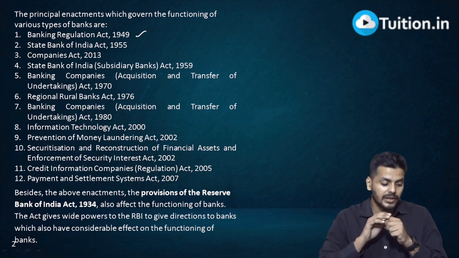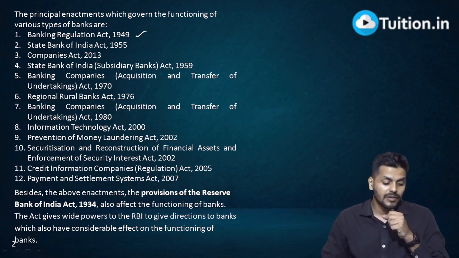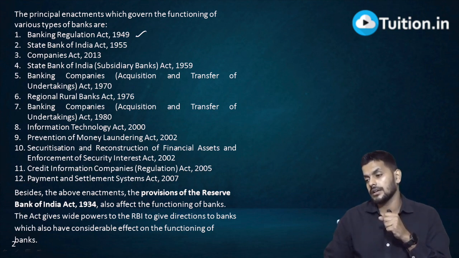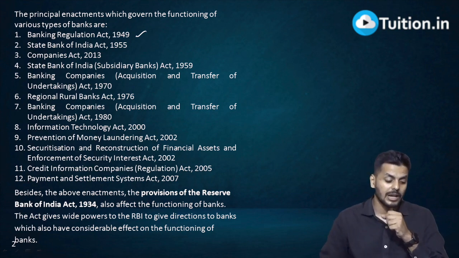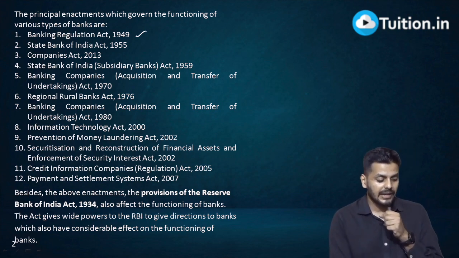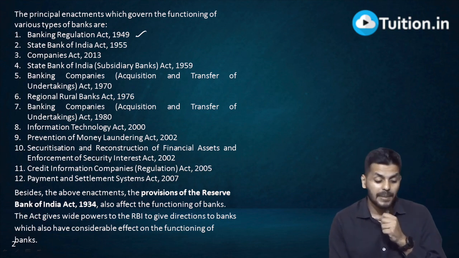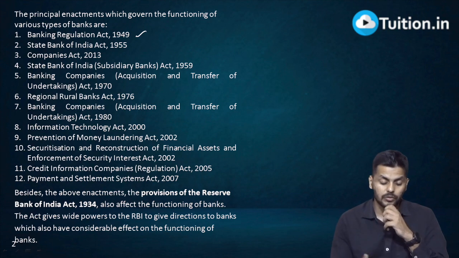So all these, besides the above enactments, the provisions of the RBI Act, obviously that is a guiding factor, right? Provisions of the RBI Act are also applicable. The Act gives wide powers to RBI to give directions to banks, which have a considerable effect on the functioning of the banks. That's what it is all about in this first part.